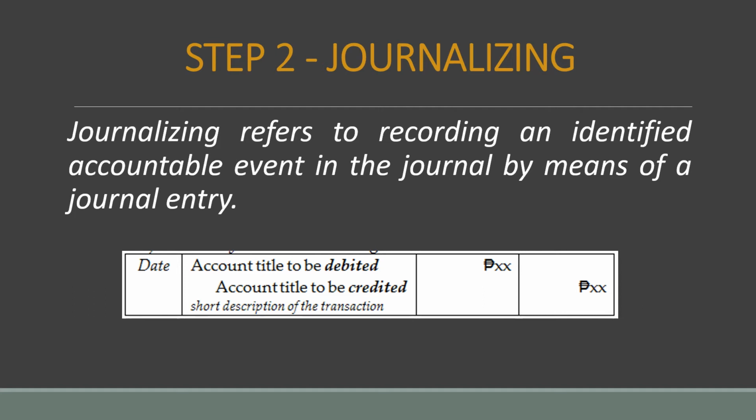So, the year and month are not written for every entry unless the year or month changes or a new page is needed. So, in journalizing, take note na sa general journal, isang beses lang natin ilalagay yung date.